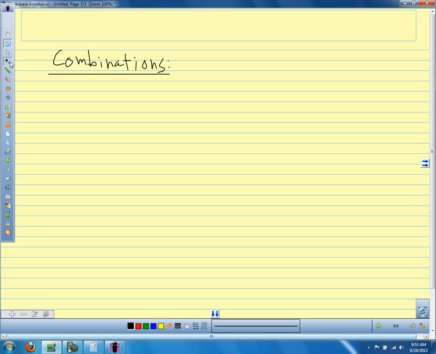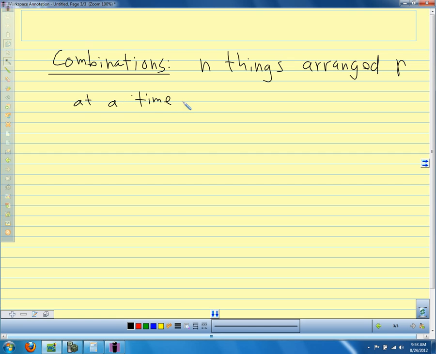So for combinations, we are arranging n things, arranged r at a time, where the order does not matter.